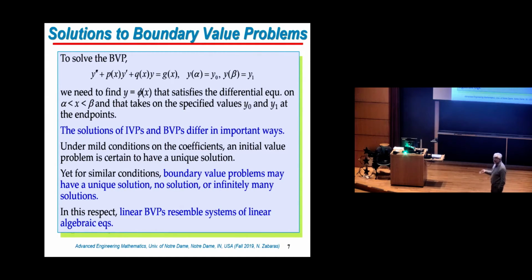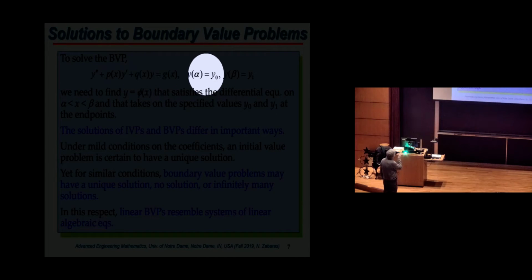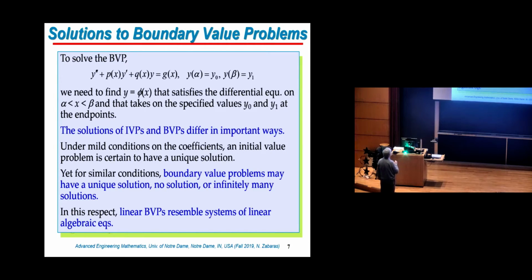We may have no solution, we may have one solution, we may have infinite solutions, even though the functions P and Q are the same. And what exactly we have doesn't only depend on the differential equation, but depends very much on the boundary conditions that we're using. So we will see this through examples today.